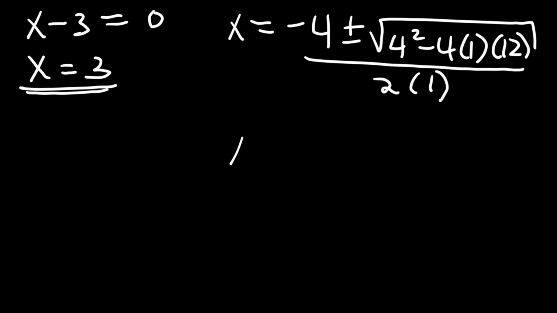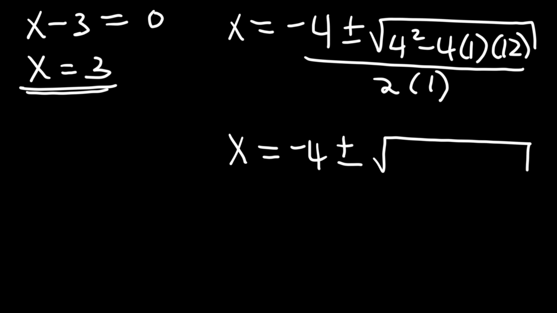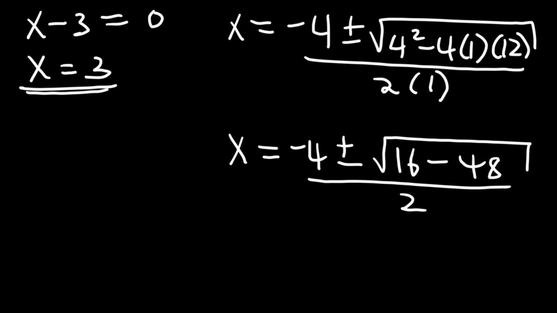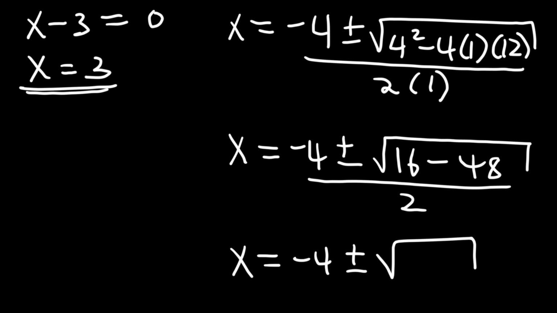So x will be equal to negative 4 plus or minus the square root of 4 to the power of 2, which is 16, minus 4 times 12, which is 48, and this will be divided by 2. This will give us x equaling negative 4 plus or minus the square root of 16 minus 48, which is negative 32, divided by 2.